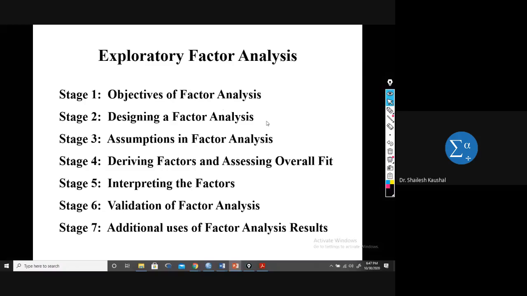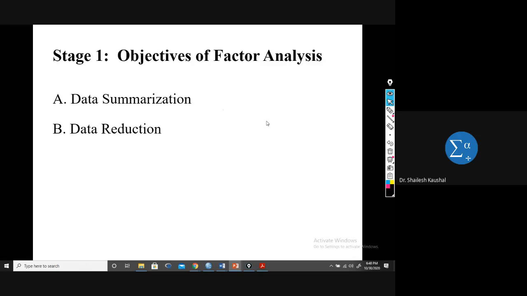After conducting the exploratory factor analysis, we obtain some factors or components. Further, we can apply these factors in other dependence techniques such as multiple regression analysis, independent t-test, ANOVA, MANOVA.